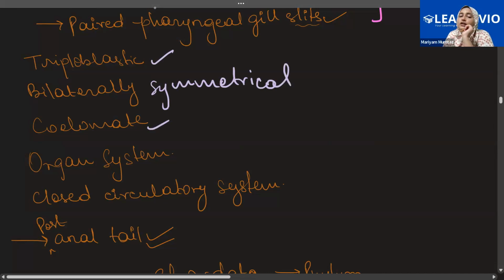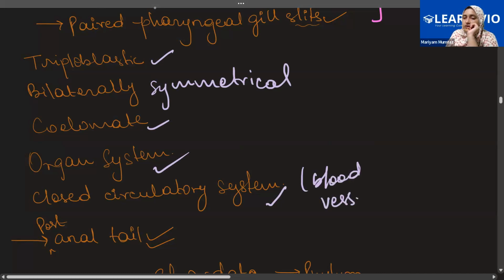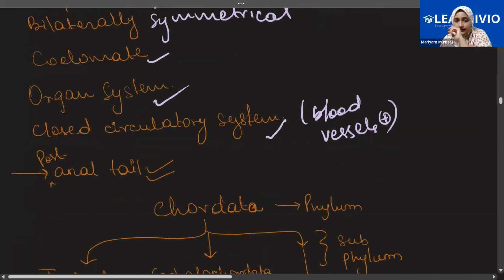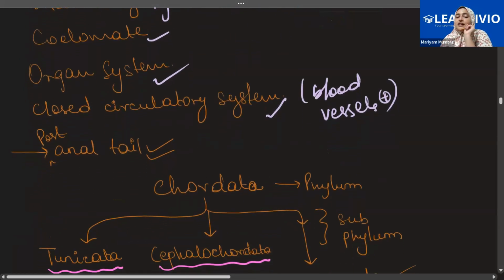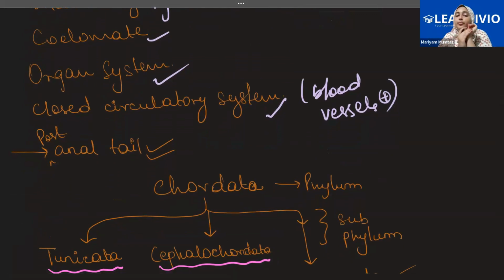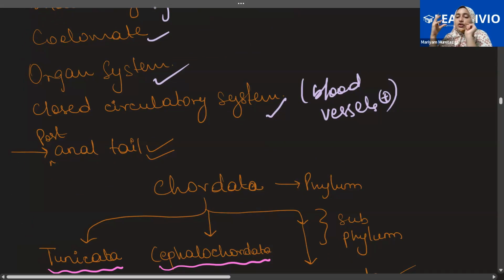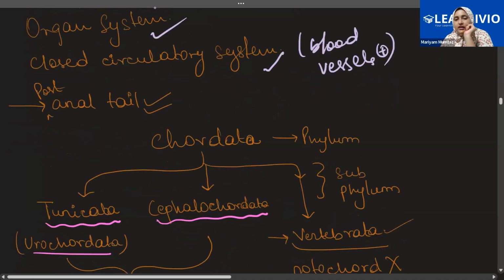Organ system level of organization is there, and they will have a closed circulatory system, meaning blood vessels are present. They have another feature, a tail-like structure called the post-anal tail.